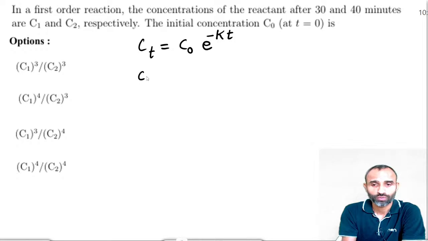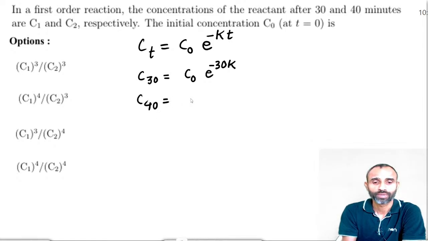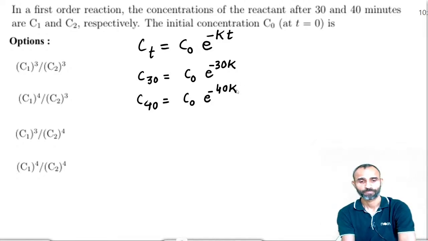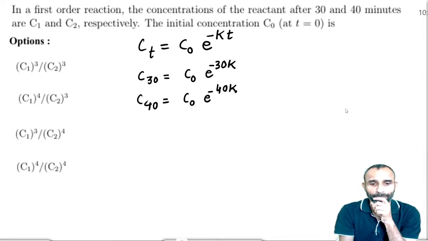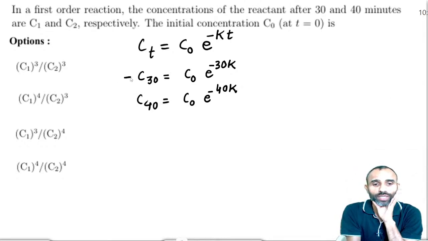So after 30 minutes, C naught e raised to power minus 30k. After 40 minutes, C naught e raised to power minus 40k. C at 30 is C1, C at 40 is C2.